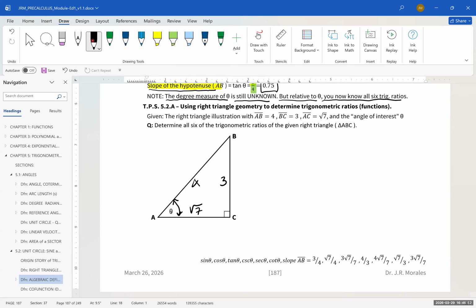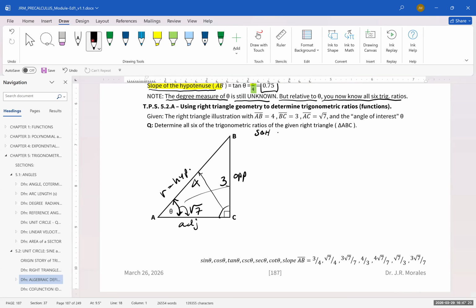Because our angle of interest is here, this side is the opposite side, this side is the adjacent side, and the side opposite the right angle is the hypotenuse, or the radius of a circle. So determine all six trig ratios of the given right triangle.